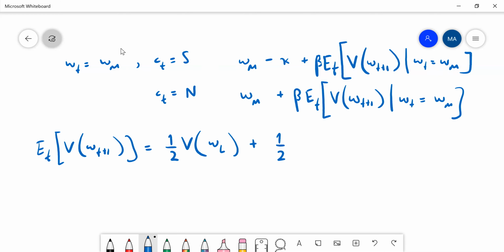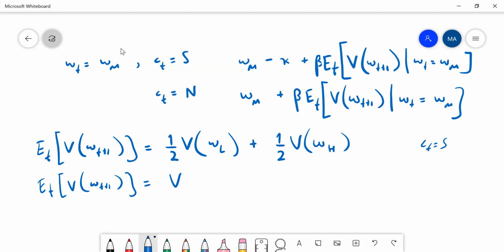Next period, my wage is W_L or my wage is W_H, okay? This is in the case of search. In the case of no search, obviously my wage is W_M, all right?